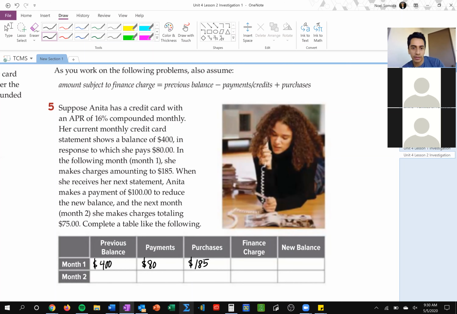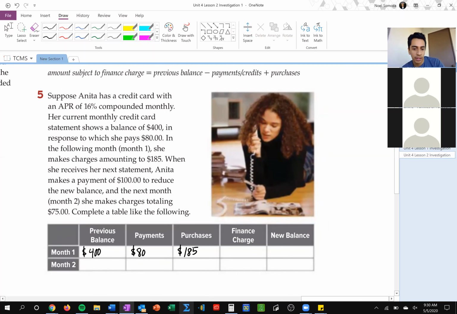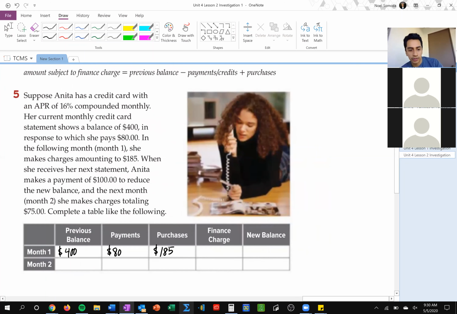On the side over here, let's first think about what it is that she owes. She had a previous balance of 400 and then she makes a payment, so she subtracts 80. That tells you that at the moment she owes 320. But then she goes and makes purchases of $185, so to this she now adds 185.